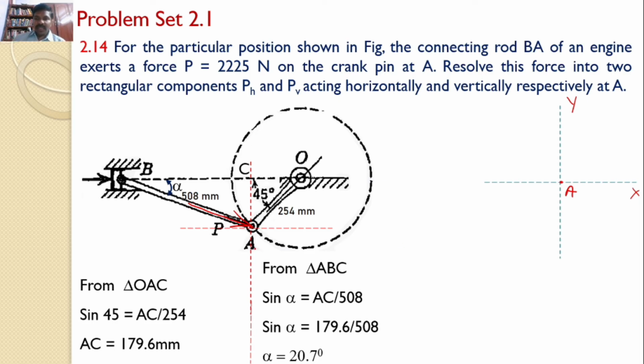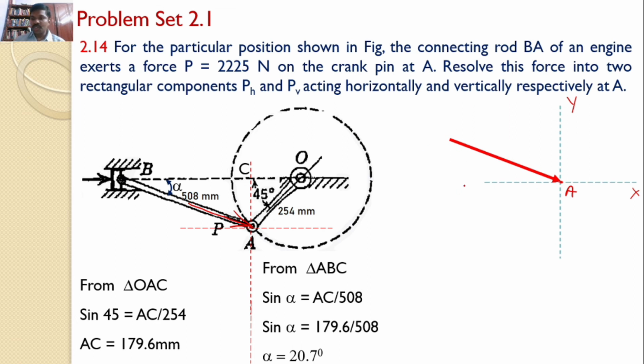Now, I am transferring the force P. This is my force P. I am transferring that force P onto my xy axis. Now, what is the angle? This connecting rod, that is this force P, makes an angle alpha with the horizontal.